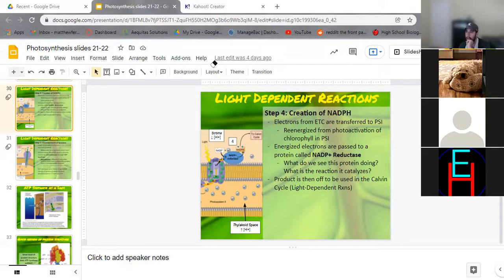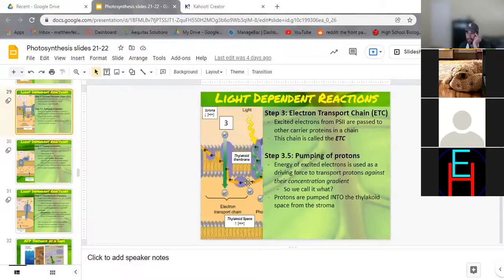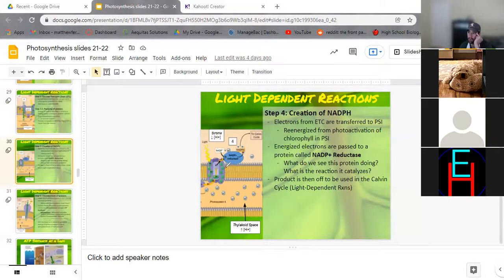We can confidently say that photosystem 1 reduces NADP+ reductase. Anytime something gives electrons to something, we're saying that it reduces it. So really, this carrier reduces that protein, which reduces that protein, which reduces that protein. And then, like I said, photosystem 1 will technically reduce NADP+ reductase.